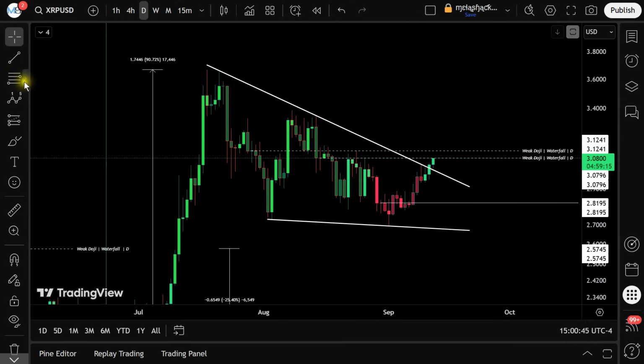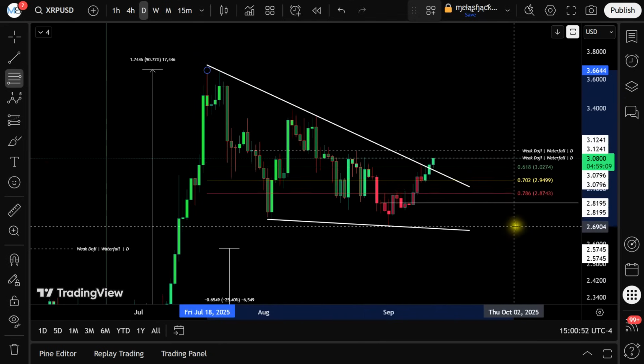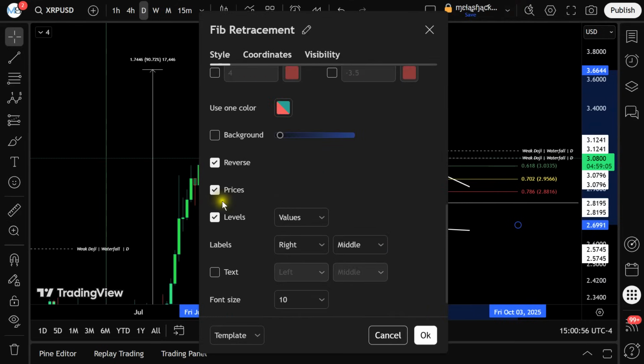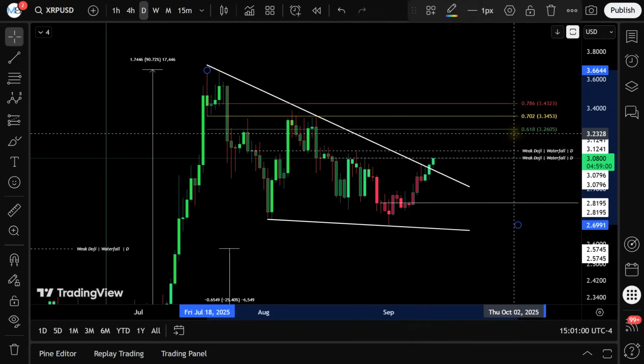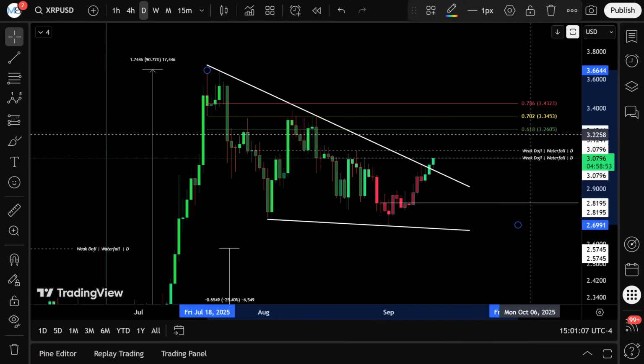If we do the same thing on this, going to the all-time high, pulling some fib levels here, then reversing them back in the same fashion that we just did, we can see that it takes the price up to about $3.26 to hit the 618.